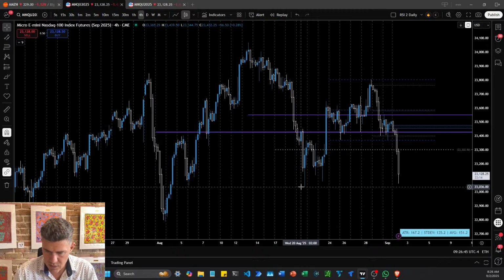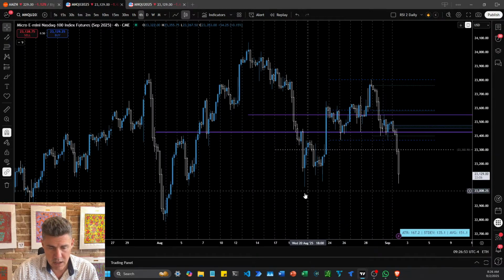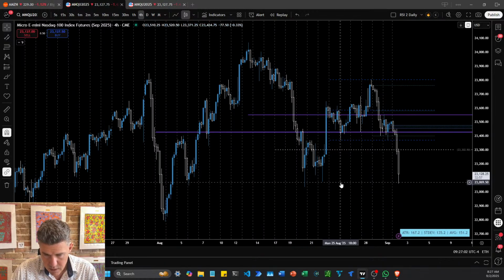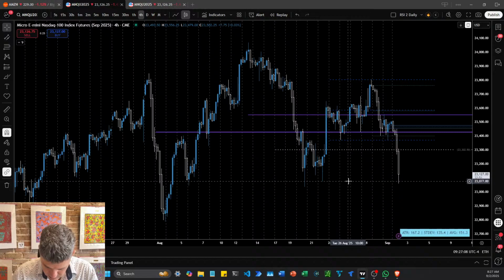We'll call it 2300 support. It's probably the monthly low of August, so I'm going to put last month low. Technically, it's also the overnight low, so I'll just put after hours low.